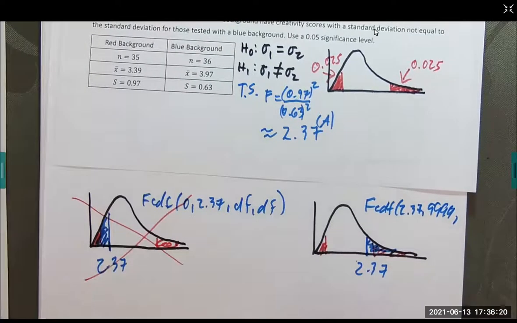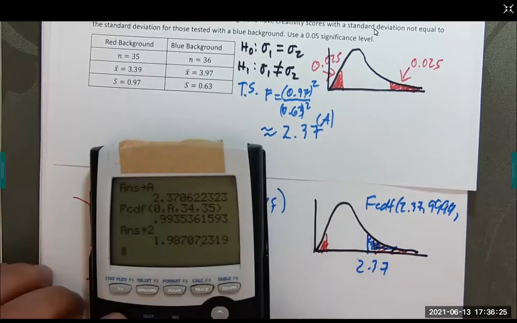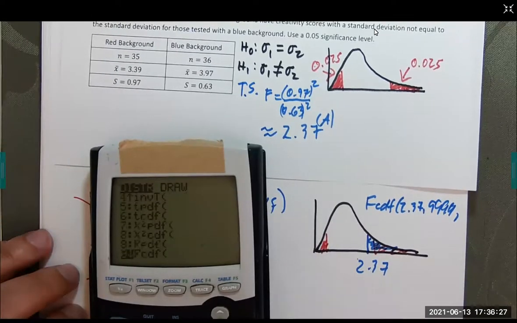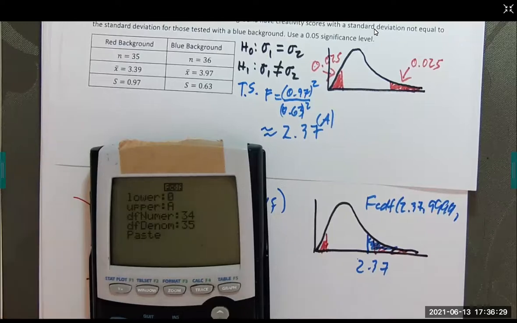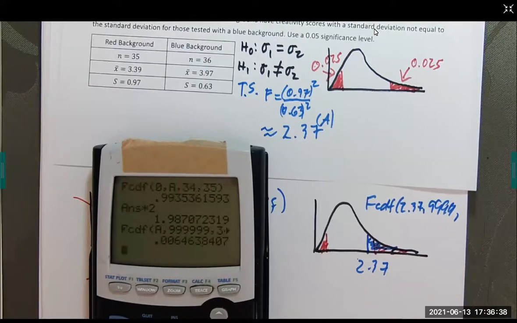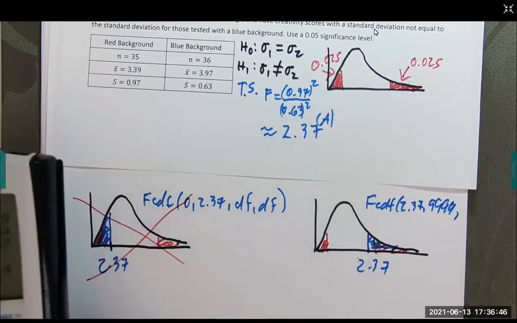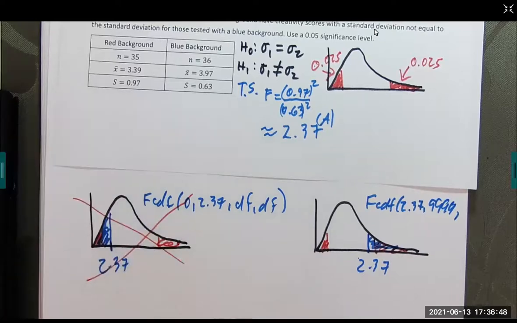So let's try this one. So this is going to be FCDF. And now we're going to go from A to a big number. Let's see what we get. Much more reasonable. Now we're going to double that times 2. So let's write down exactly what we just got here. So let's go back to our problem.